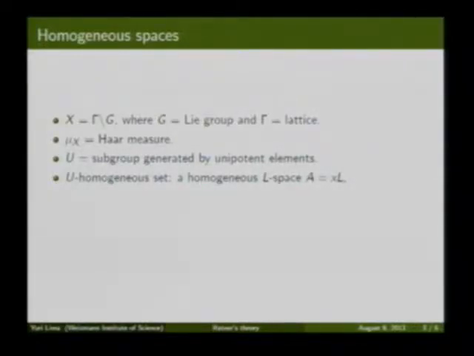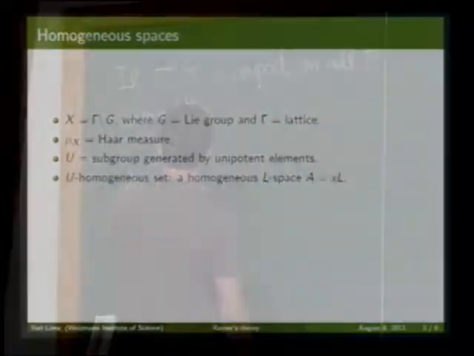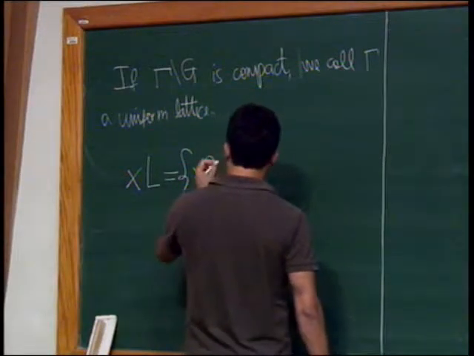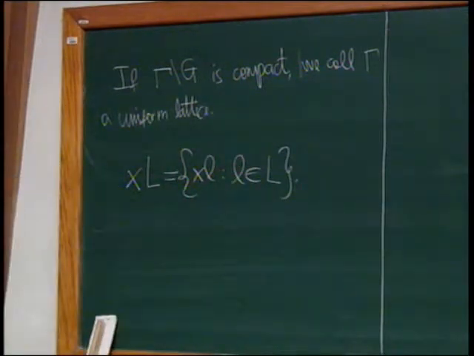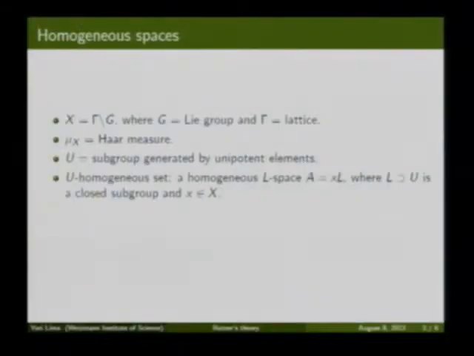By XL here, someone asked me what that was: XL is nothing but the action of L on the element X when you run over all elements L of your subgroup. Okay? So it's a set. We call it U homogeneous if it can be written like that, where L is a subgroup that contains U, it is closed, and X is some point of your space, right? So this is what we call a homogeneous set.